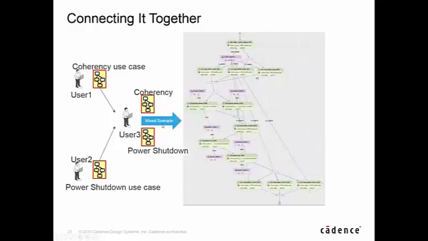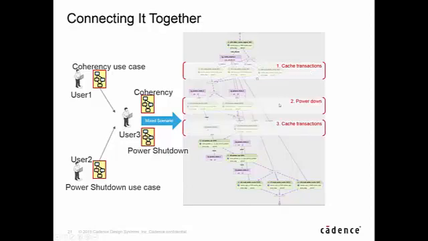So I can take my use case created by the coherency expert, by the power shutdown expert, and combine those two to create a scenario where I'm using 3 processors sharing a cache line and doing cache transactions on those 3 processors, power down 2 processors, continue with the 3rd processor doing cache transactions, power back up the 2 processors, and then validate that the 3 processors can again share that cache line.